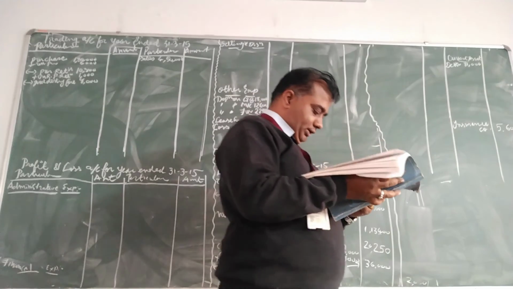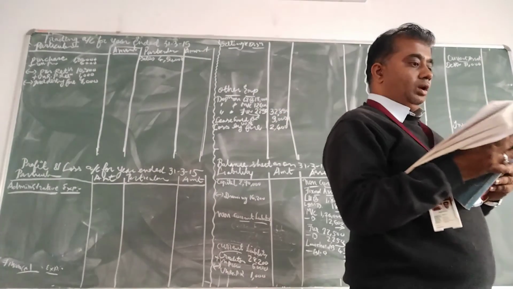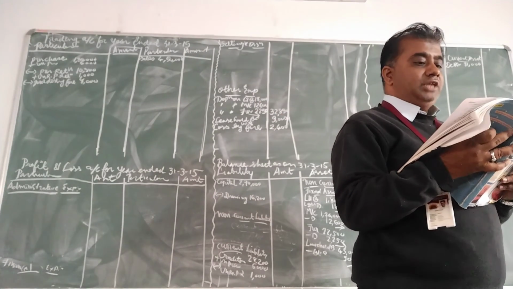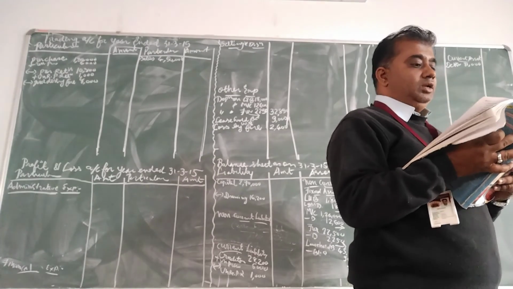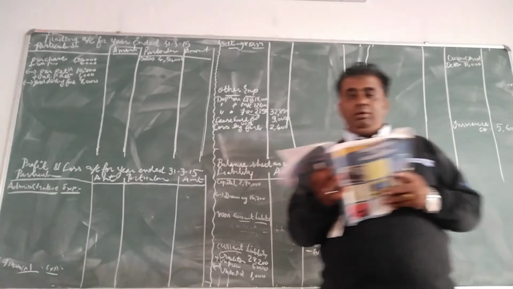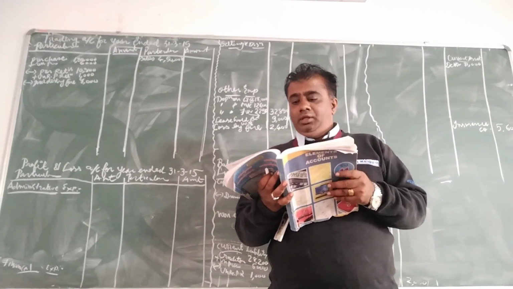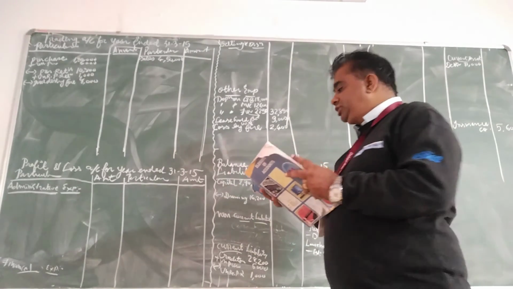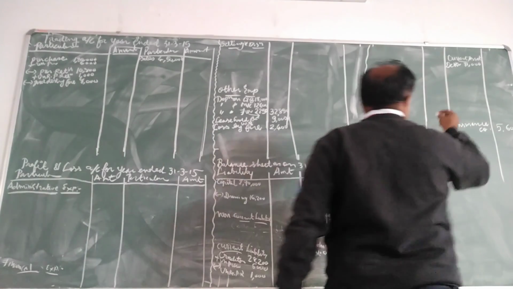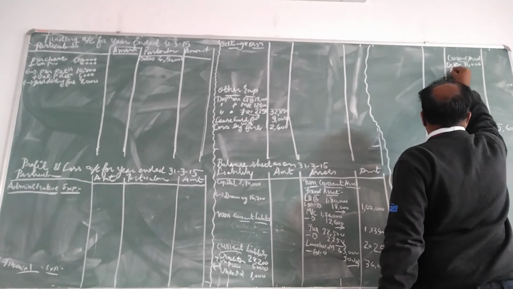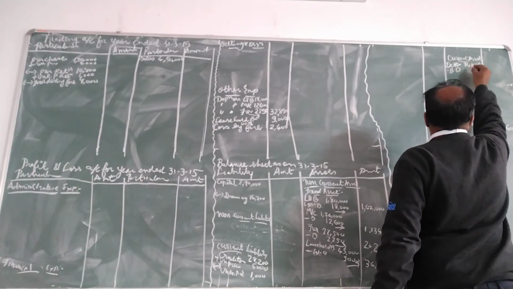Now adjustment. Out of the debtors, 6,000 were not recoverable. So 6,000 not recoverable means 6,000 is bad debt. So we subtract it from the debtors. Debtors minus bad debt 6,000.